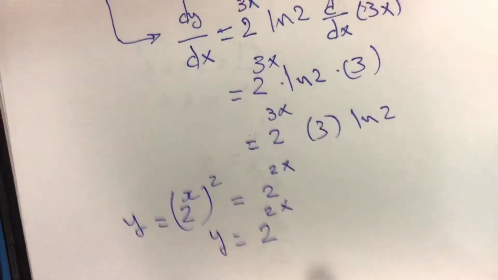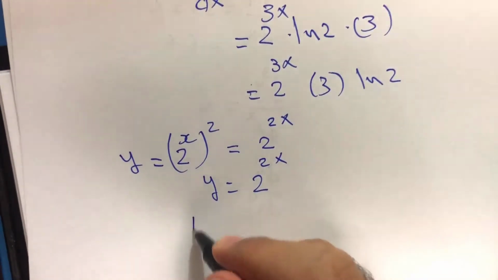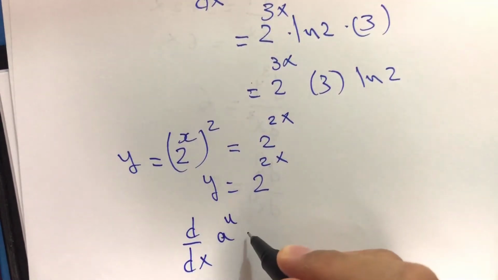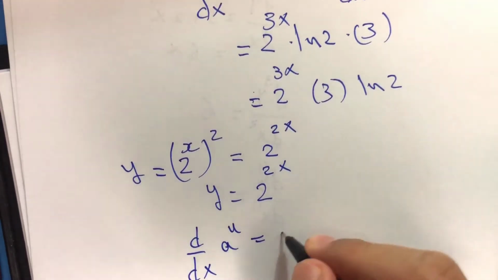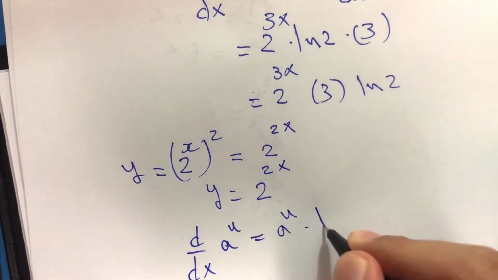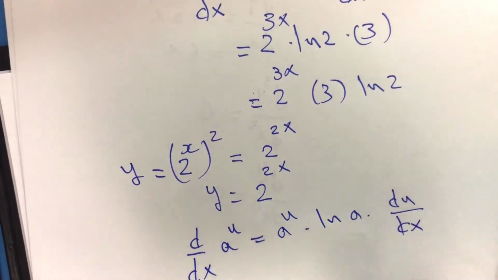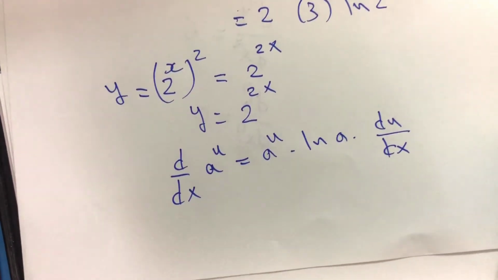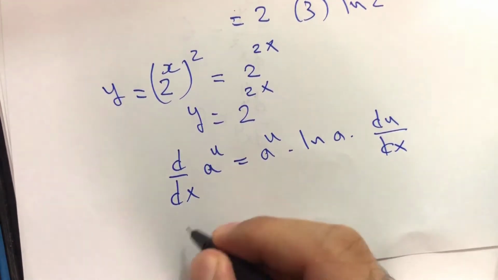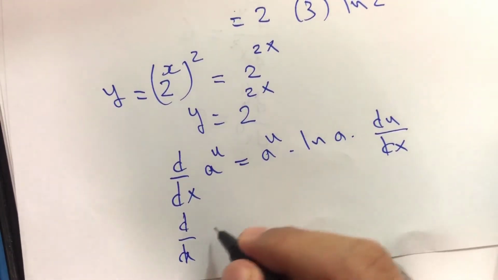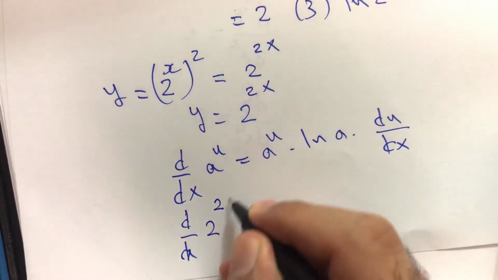For example, we have the law which is d by dx for a to the power u is equal to a to the power u ln a multiplied by du by dx, so we can apply this rule to this function in order to find d by dx for 2 to the power 2x.